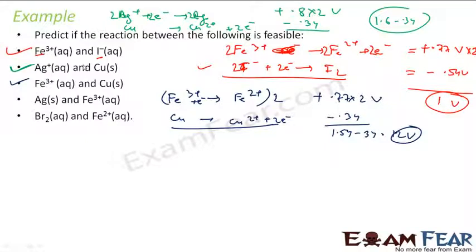Let's take the next reaction: silver and Fe3+. The silver becomes Ag+ and gives an electron. Iron Fe3+ is reduced to Fe2+ and takes an electron. Let's go to the chart.